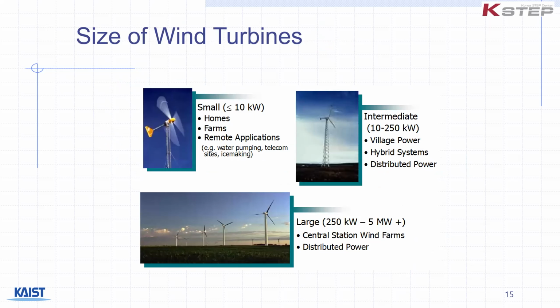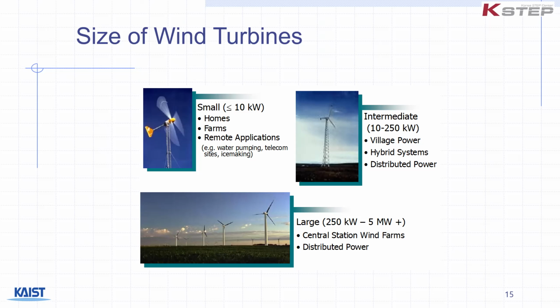And small wind turbines are less than 10 kilowatt. They are used for single homes, single farmers can use them, right? Remote applications, something like water pumping, telecommunication sites, and ice making in rural areas.